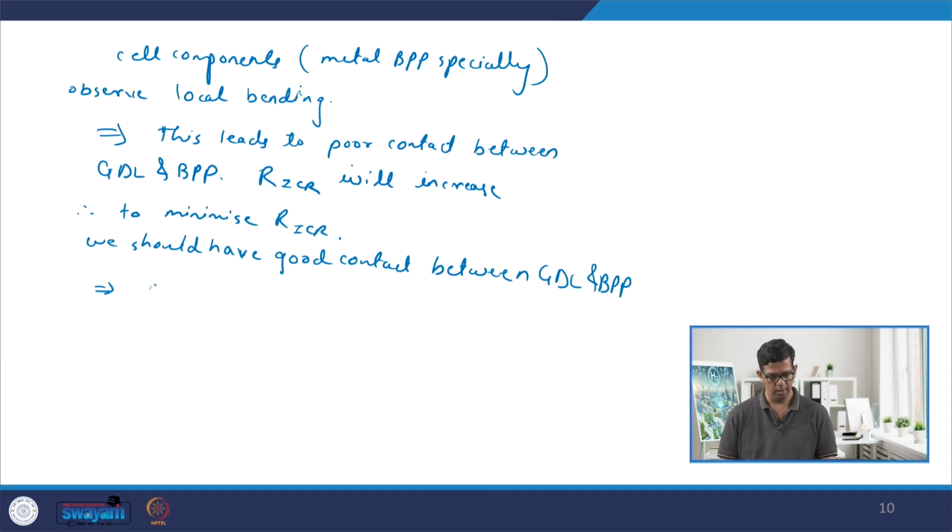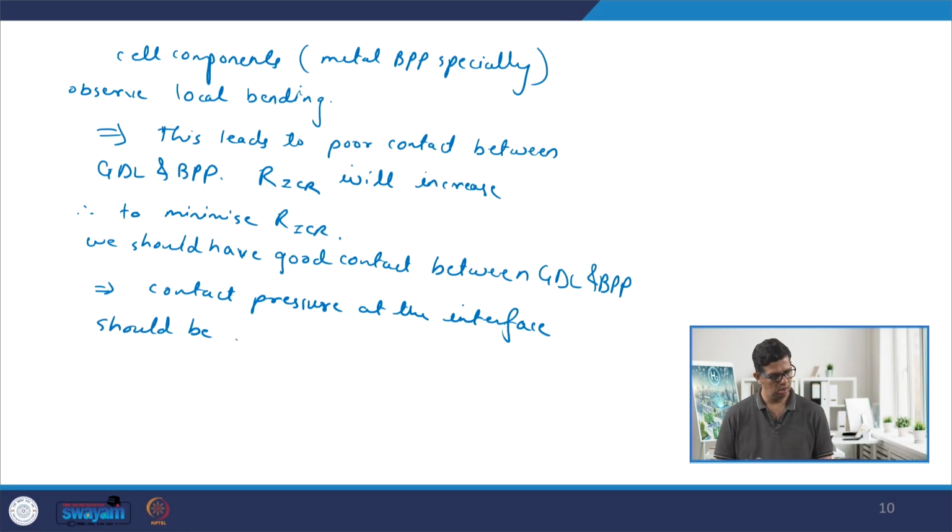The contact pressure at this interface should be good. Good means typically 1 megapascal of contact pressure is supposed to be a good contact pressure.